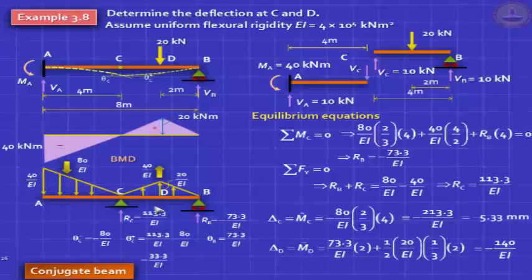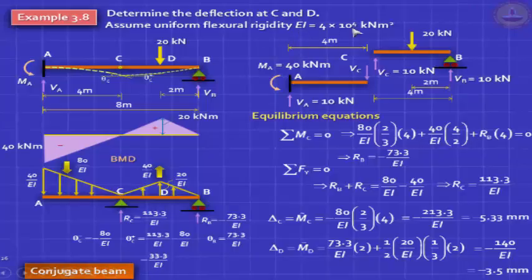No method. That's the power of the conjugate beam method. And I wish this is now introduced as a replacement for the moment area method for civil engineering students in the third semester itself. It's easy to follow up after you teach the bending moment diagram. So you can substitute.